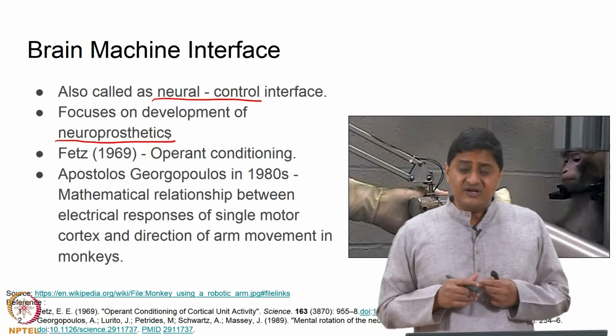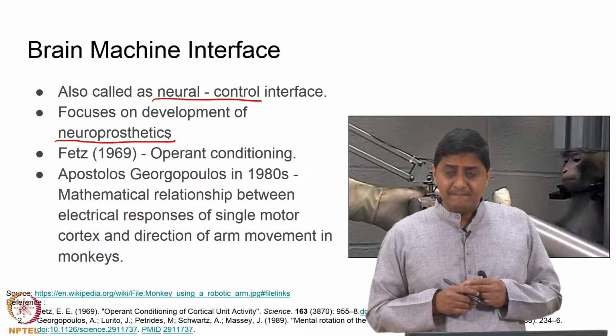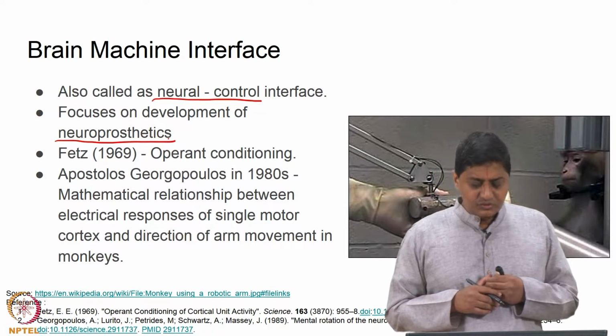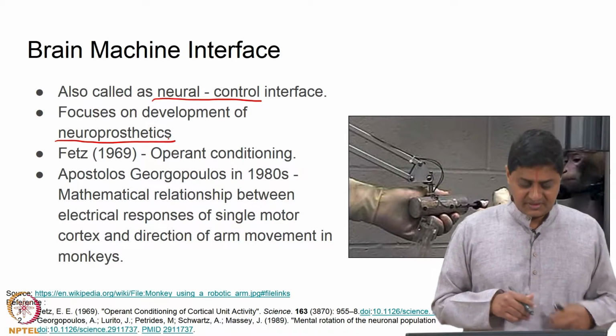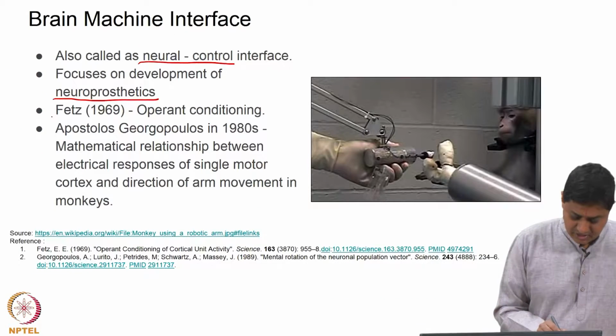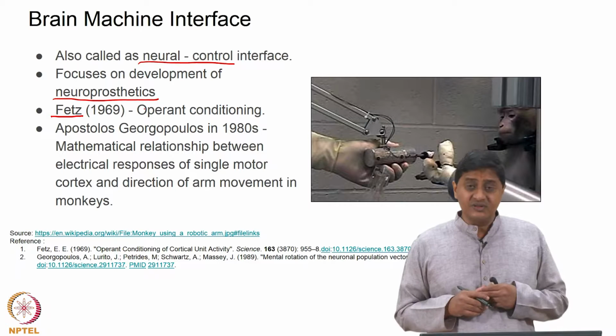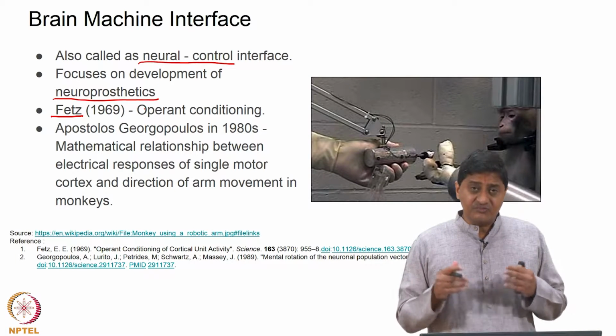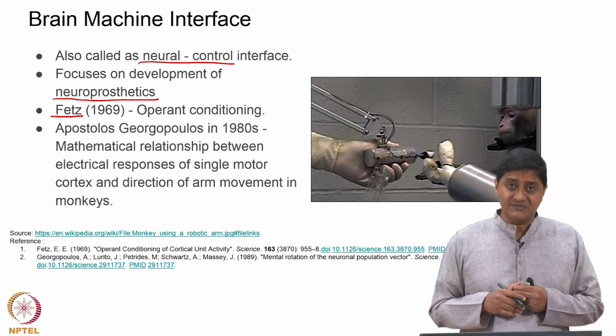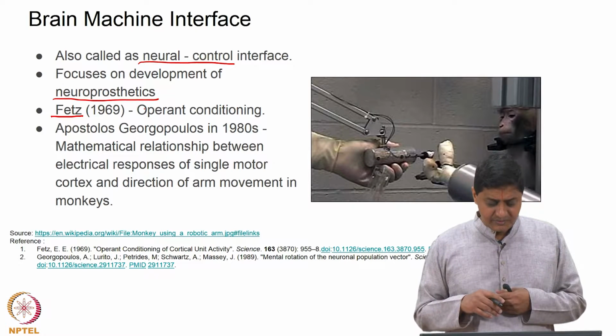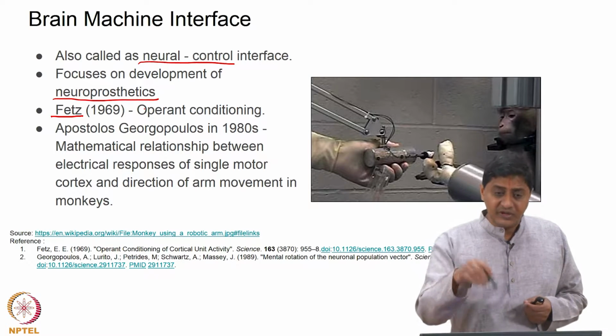It is possible for a monkey, an animal, to be conditioned. This was shown long ago by Fetz and his colleagues. It is also possible to come up with specific relationships between individual neurons or populations of neurons and particular movements.